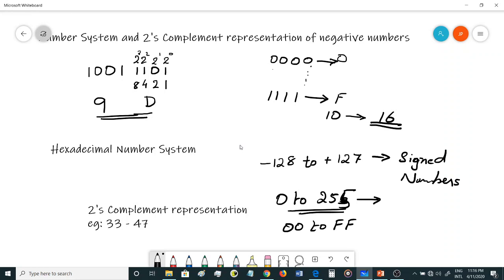These are basically 256 combinations, because 2 to the power 8, because we are dealing with 8-bit numbers, 2 to the power 8 is 256. Including 0, there are 256 combinations, 0 to 255. In hexadecimal, the corresponding numbers will be from 00 to FF. If we are dealing with signed numbers, then the range is constrained between minus 128 to plus 127.